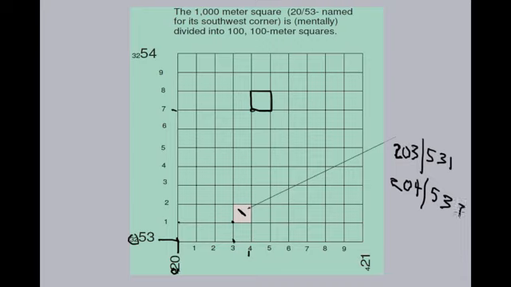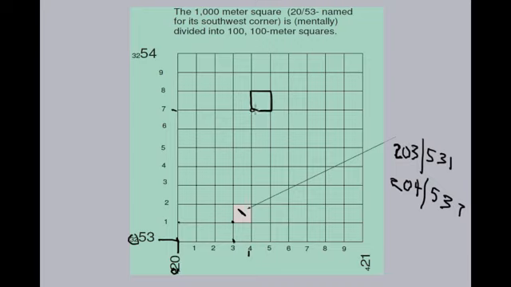When you stated your coordinates that way, using this abbreviated system, you would have identified yourself as being somewhere within a 100 meter square, with 204 by 537 being the southwest corner of that square. For most land navigation purposes, that's about as accurate as you need to be.